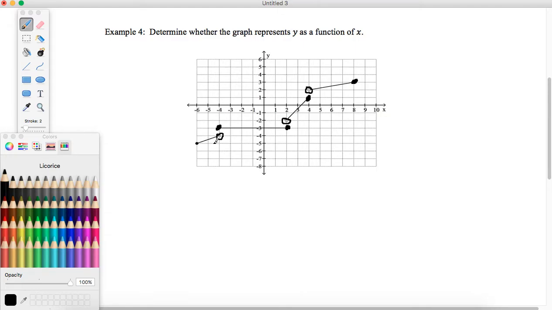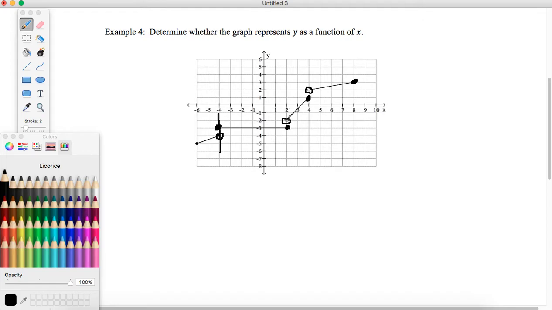Vertical line, vertical line. Notice here, the only places where I can possibly not pass the vertical line test is at these points where we have this overlap of this closed circle and this open circle, right? If I drew a vertical line here, it still passes the vertical line test because only this point right here, the point 4, -2, is a part of the graph. 4, -4 is not. So it still passes the vertical line test.